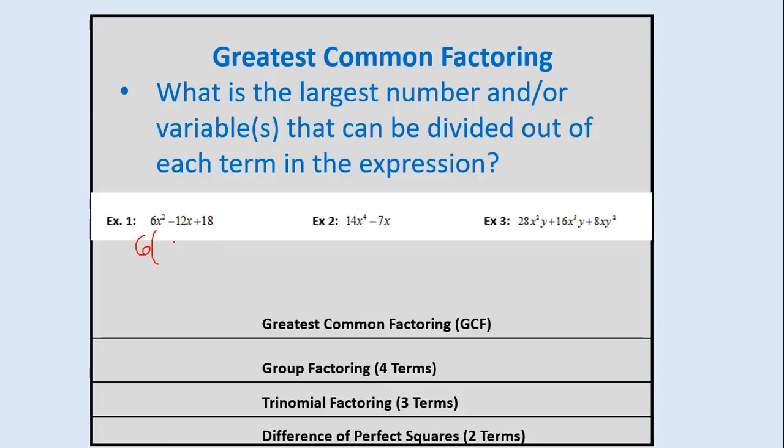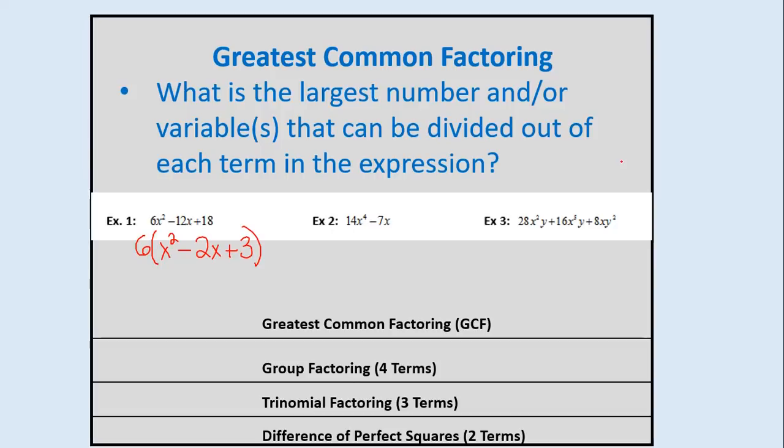So if I divide out a 6, literally what I'm doing is undoing the distributive property. If I take a 6 out of every single one of these, what's going to be left behind? I'll get an x squared left behind, a negative 2x left behind, and then a 3 left behind.